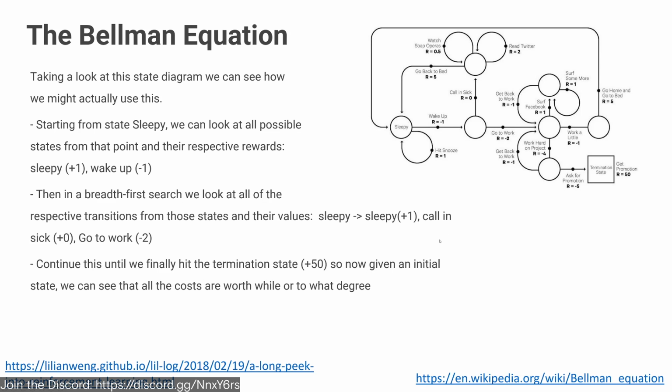As you can see, there are other sub paths here, such as calling in sick and then going to bed, and then this loop in particular, this -1, 0, 5 has this expected value of 4, and if you do this forever and ever and ever, you eventually will get old and never actually go to work. And so this is not a very realistic state diagram, but you can imagine how this would get applied to a more general purpose environment.